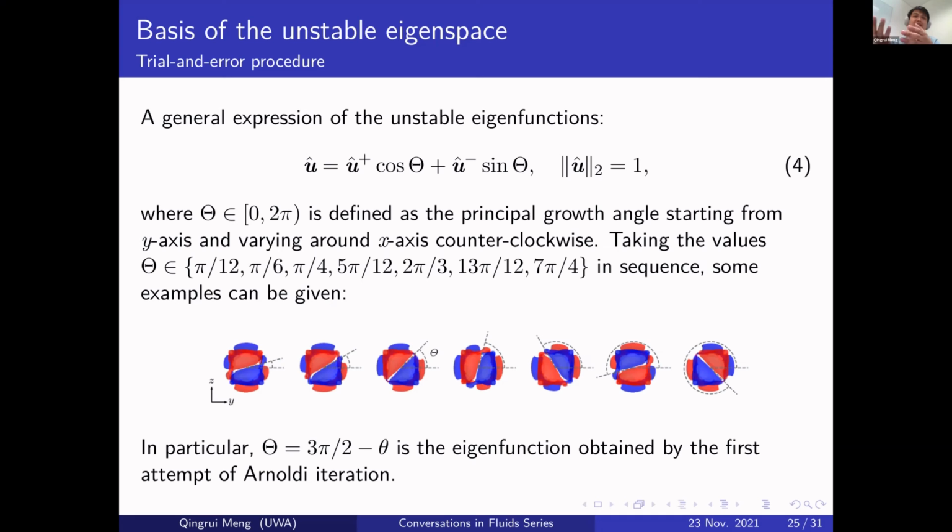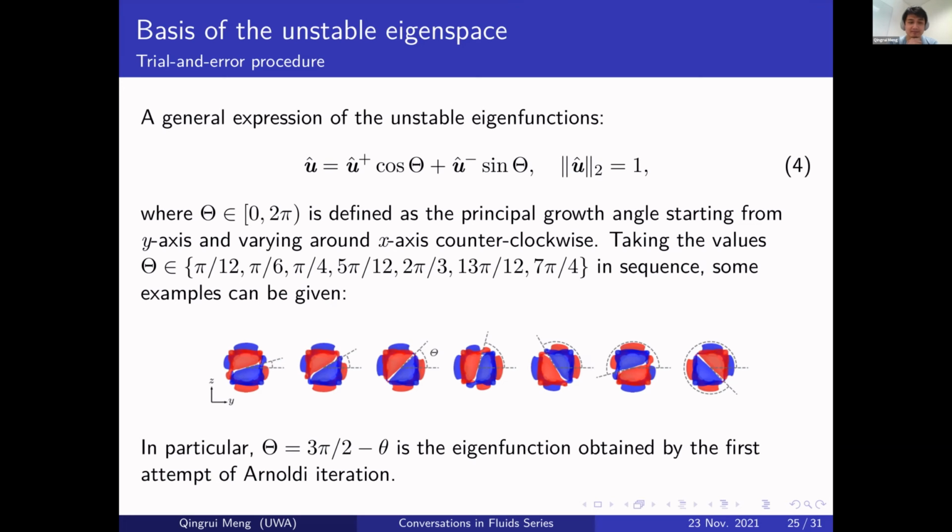So we can give a general expression of the unstable eigenfunction as this. The eigenfunction can be constituted by the U plus and U minus with respect to angle theta. And of course, in such a construction, the L2 norm is equal to 1.